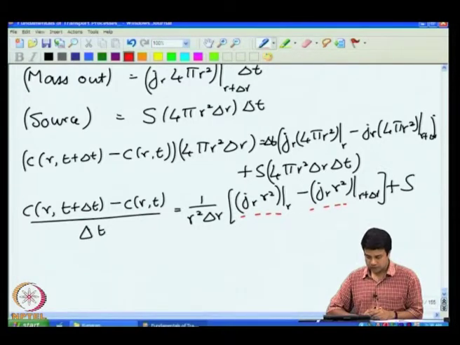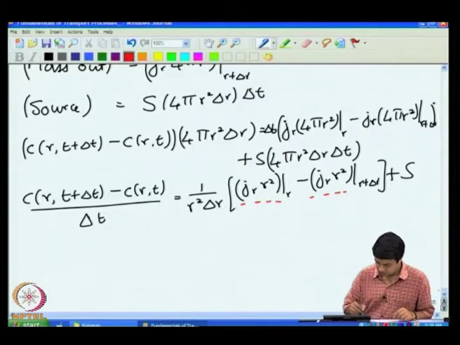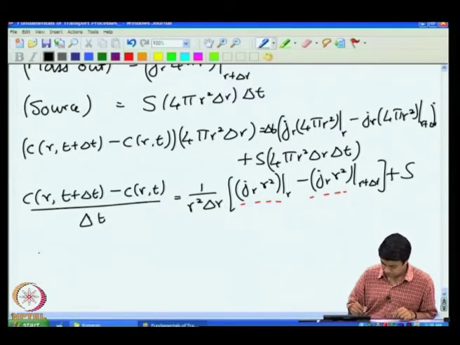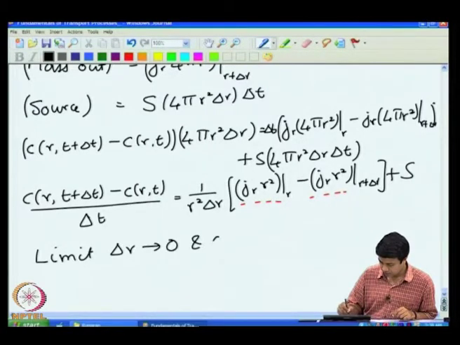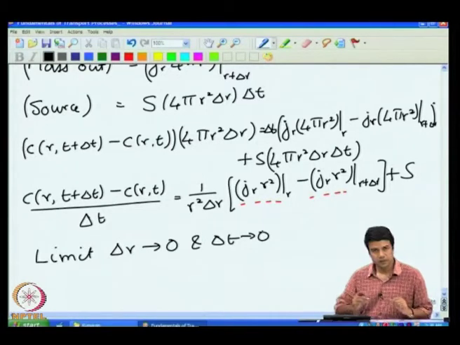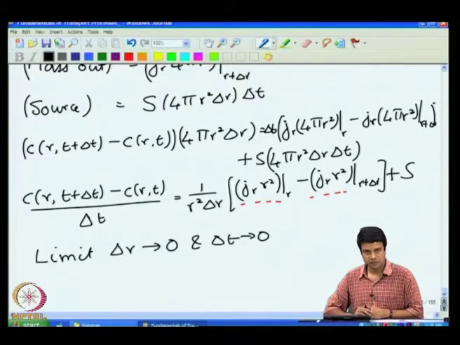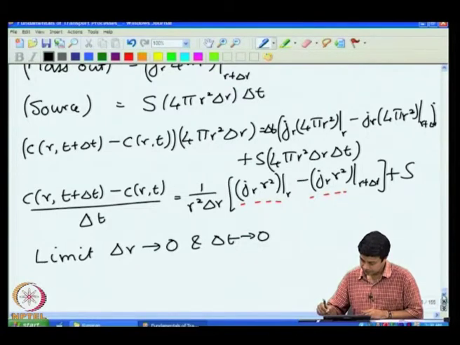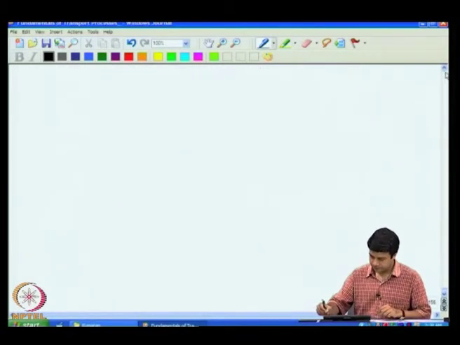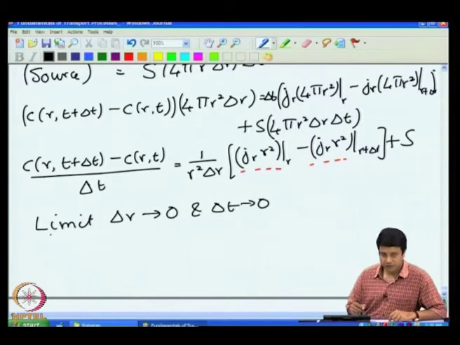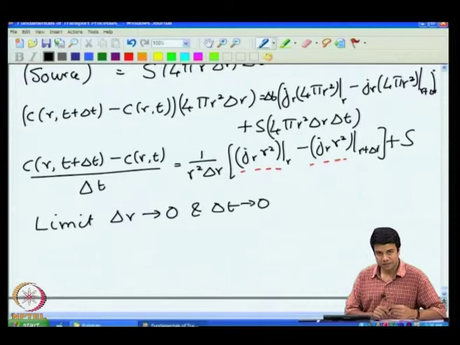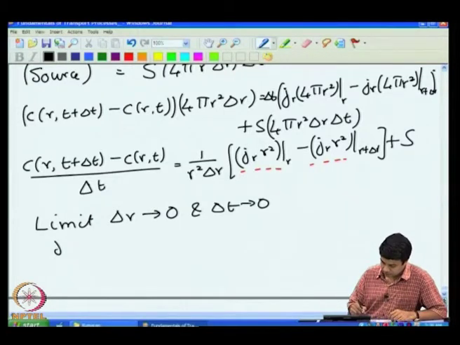Now, taking the limit delta r going to 0 and delta t going to 0, I get a differential equation for the variation of concentration in the spherical coordinate system. The left hand side limit as delta t goes to 0 of c at t plus delta t minus c at t is just equal to dc by dt.